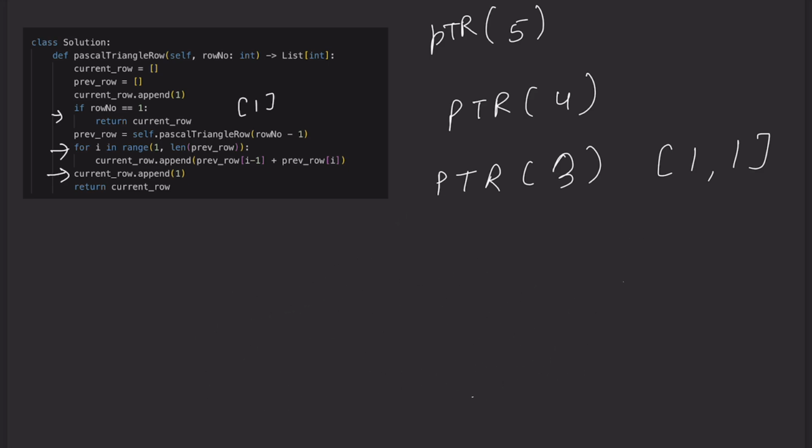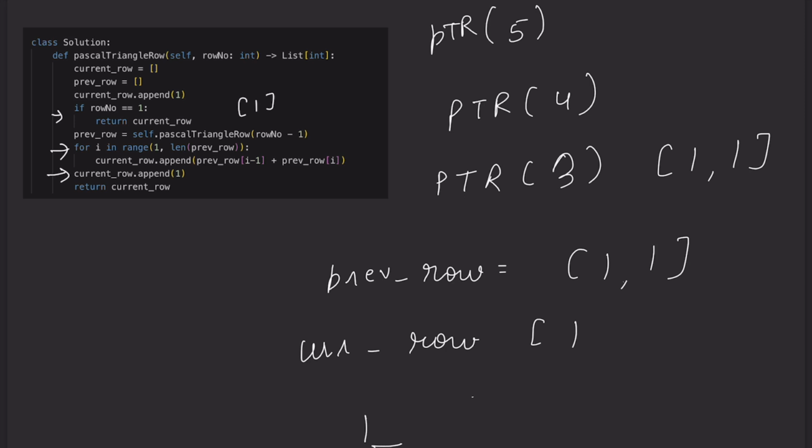For PTR of 3, Pascal triangle row of 3, we have the previous row equal to 1, 1. Now the current row contains just 1. Now I is initialized at 1 and we go to the length of the previous row, which in this case is 2.